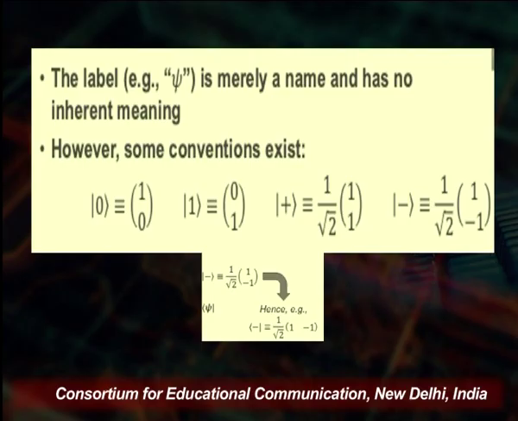And plus, if we take it as a ket, is 1 by root 2 times 1 1, and minus is 1 by root 2 times 1 minus 1. These are written as rows, and also as columns.